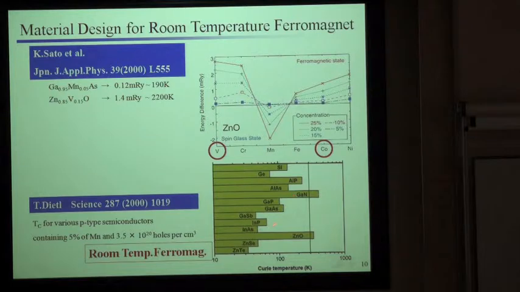For example, it suggested that only zinc oxide and gallium nitride are good candidates for showing room temperature ferromagnetism, if we can introduce enough carrier concentration and the right composition of magnetic ions. But strictly speaking, it did not fit our experiment because in our case, it is an N-type semiconductor.